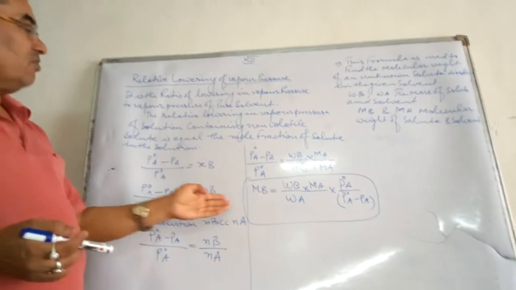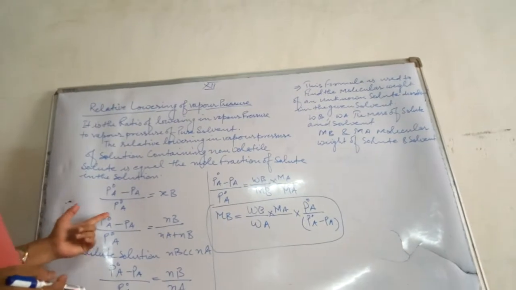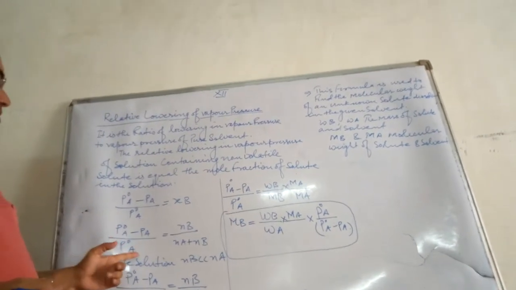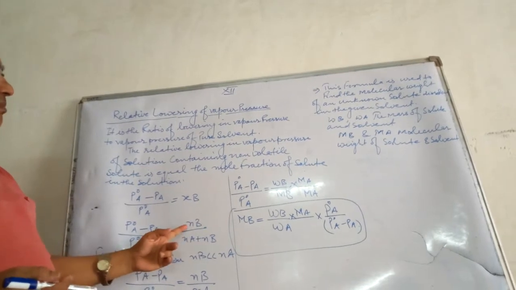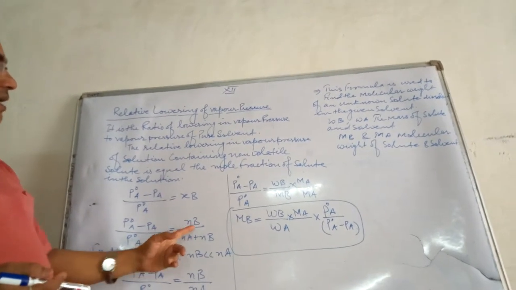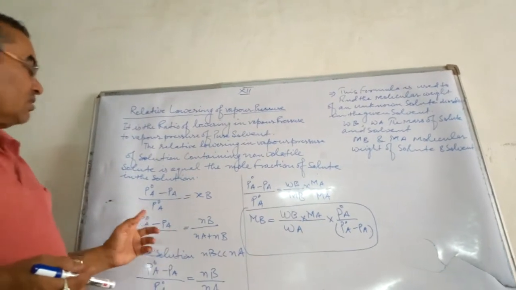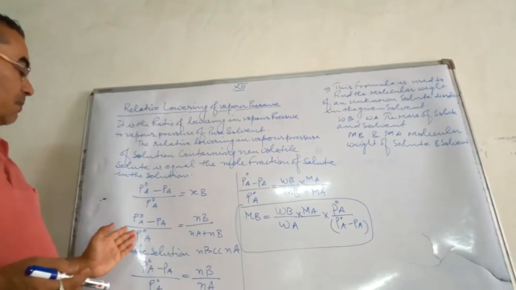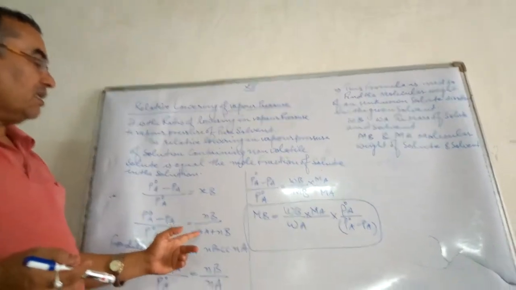So we can write this formula by putting the value of mole fraction in terms of moles: (P0A minus PA) upon P0A is equal to NB, number of moles of solute, upon total number of moles of solute and solvent. So (P0A minus PA) upon P0A is equal to NB upon (NA plus NB).